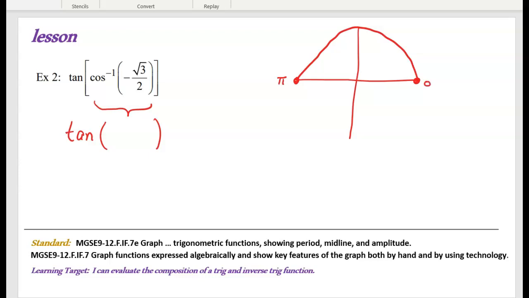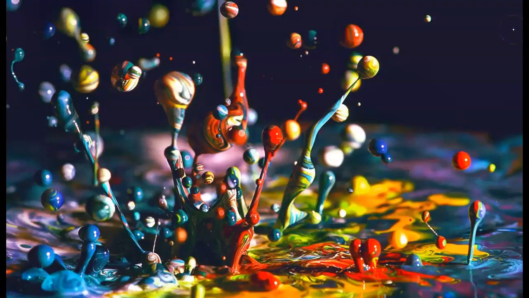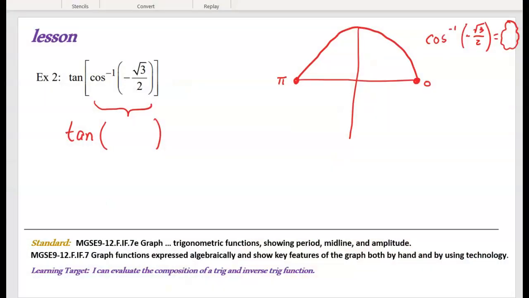So we're thinking, cosine inverse of negative root 3 over 2 equals what angle? I'm going to call that theta just to get you thinking angle. So cosine of theta equals negative root 3 over 2.